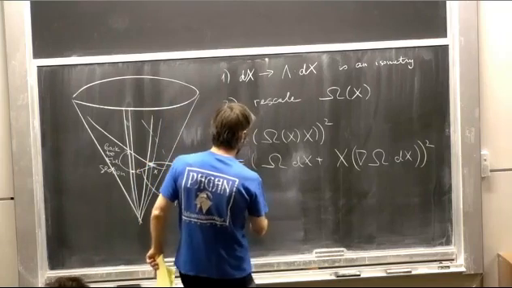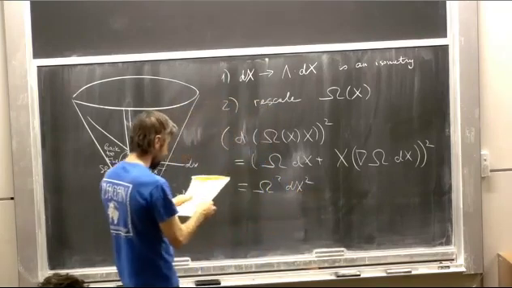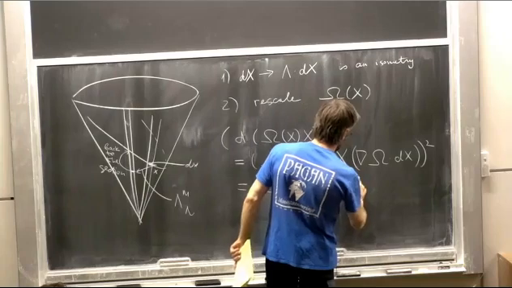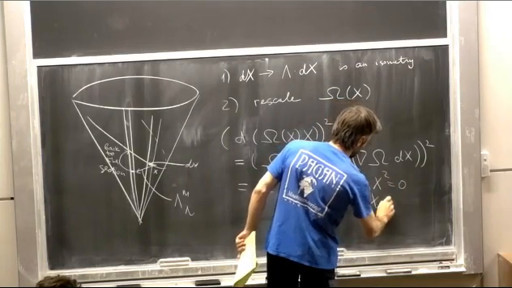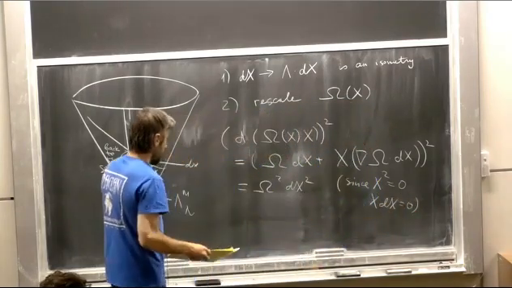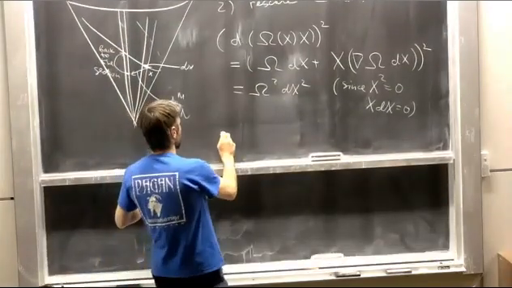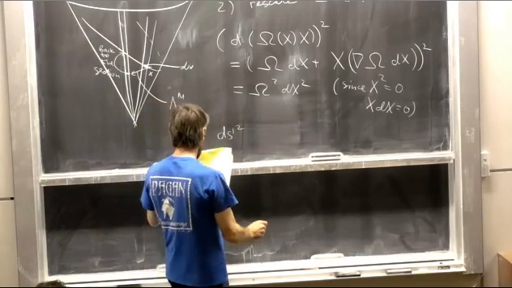So this is equal to omega squared dx squared. So the second step of my transformation involves just rescaling the metric, since x squared equals 0 and x dx is equal to 0. And so what I have just shown is that the metric under this transformation that I cooked up really changes just by rescaling.